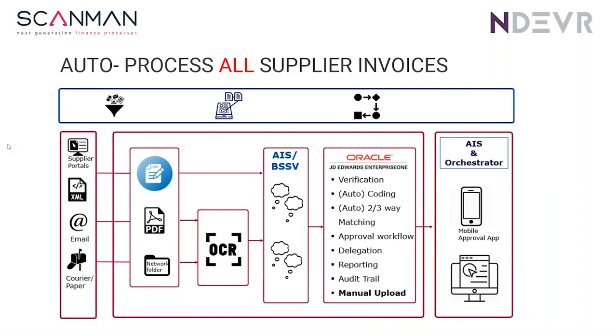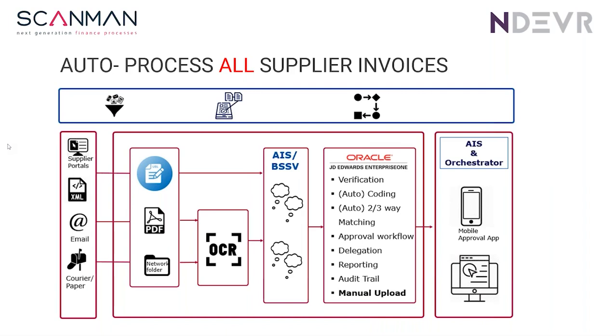The scanned invoices, typically images, TIFF, JPEG, those kinds of formats, will also go through the OCR engine for recognition purposes. Last but not least, we have also seen a lot of movement towards XML. XML and EDI formats are also standardly supported.